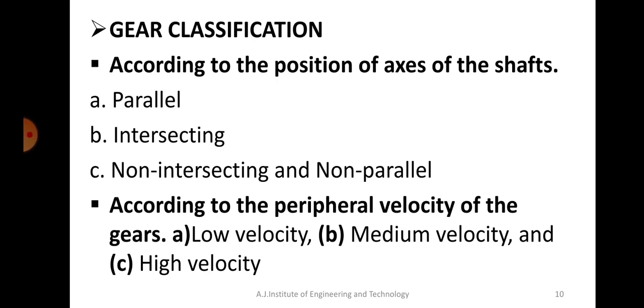Okay, then according to the peripheral velocity of the gears, we have low velocity gears, medium velocity gears, and high velocity gears. We will see the example for parallel shafts, intersecting shafts, and non-intersecting and non-parallel in the coming slide. I've just given you the classification right now.